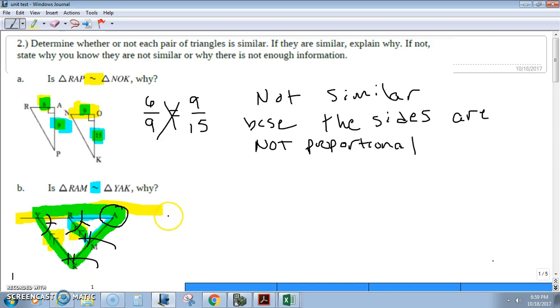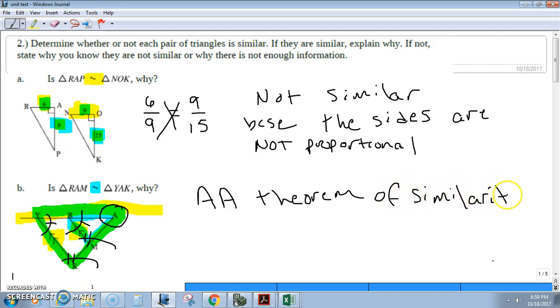So even though they're different sizes, and even though we don't know the side lengths, we can say because of the angle-angle theorem of similarity on page 120, we know that these two triangles are similar, not congruent, but similar, okay?